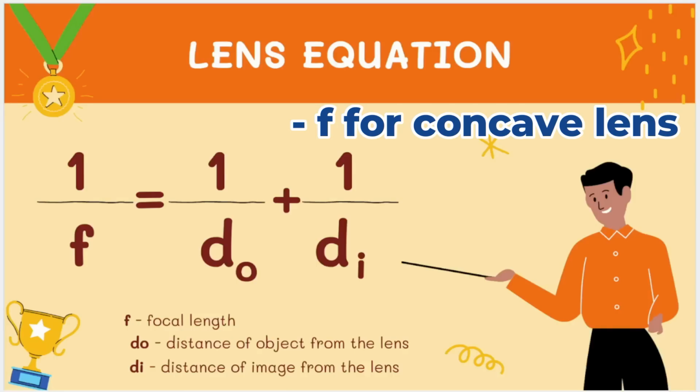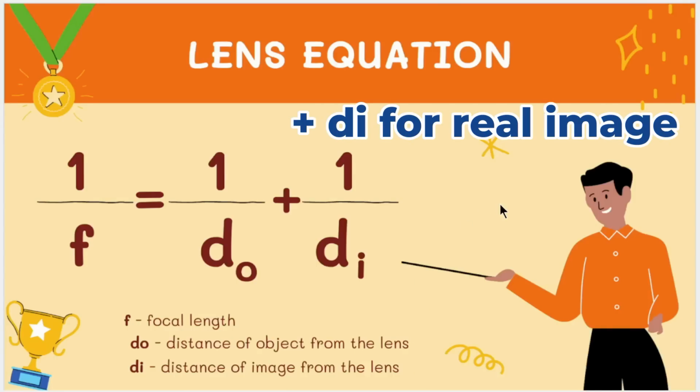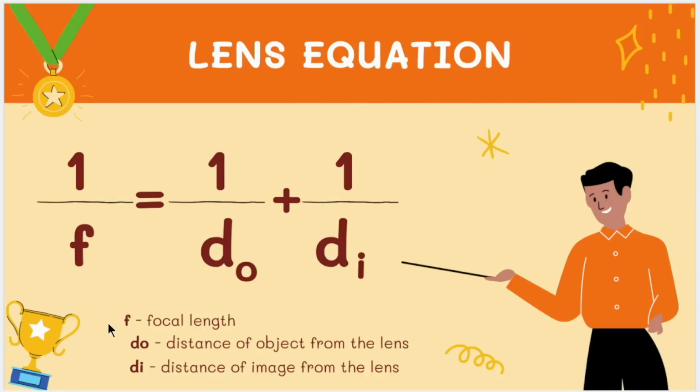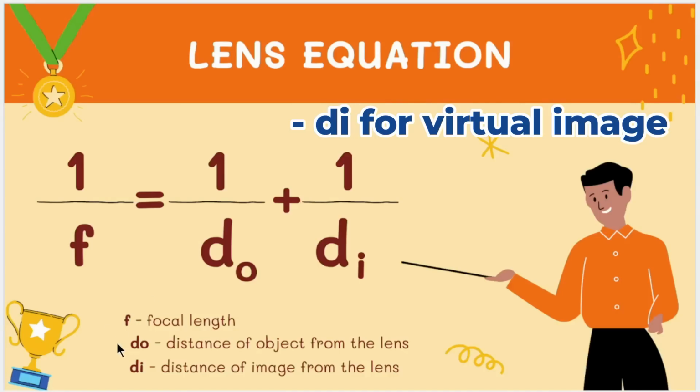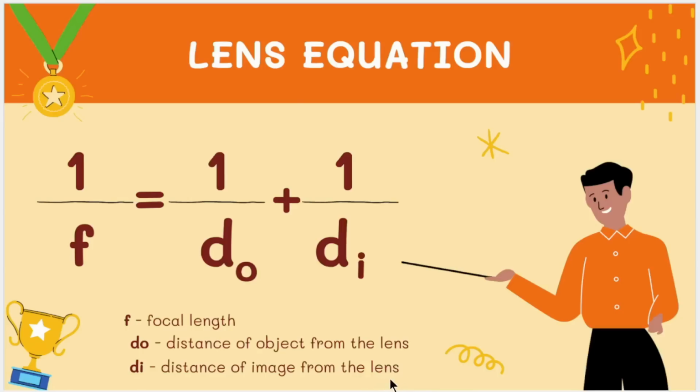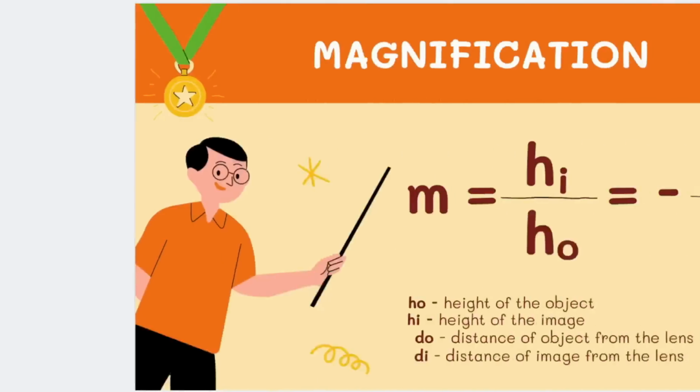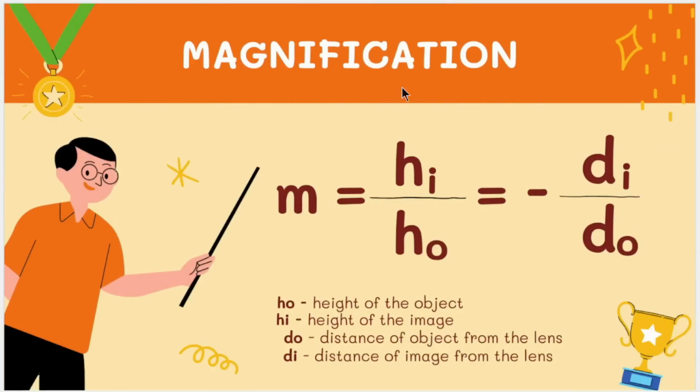If your image is real, pag sinabi nating real, si object ay nasa kaliwa, si image ay nasa kanan ng lens, ang distance ng image natin ay positive. Okay, kapag ang image naman natin ay virtual, it means that it is of the same side as the object, then our image distance should be negative. So these values will give us idea on the nature of our lens and image.